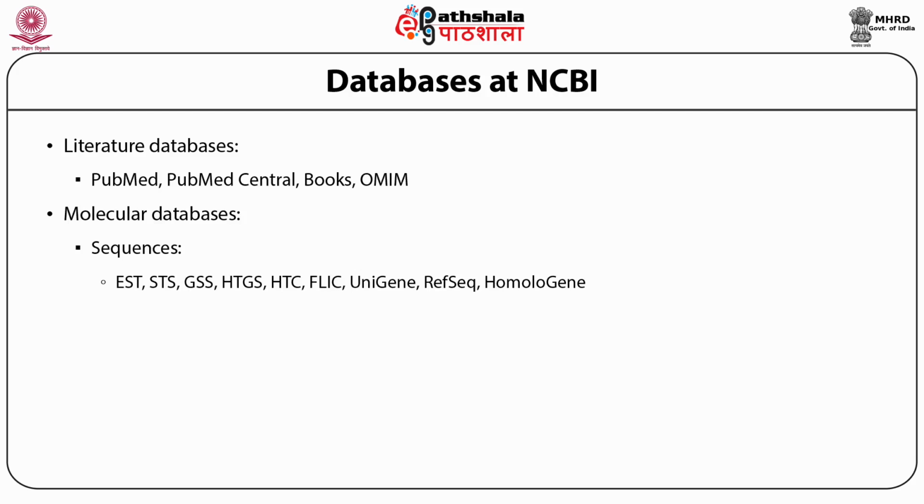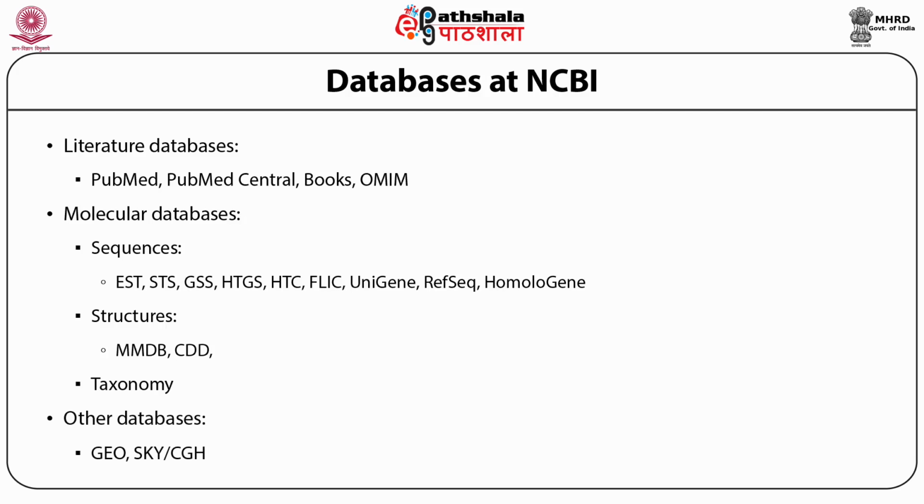All these are actually sequence databases, and they are stored in different formats. For protein structure you can go for the MMDB, the molecular modeling database. Then the CDD is the conserved domain database. You can go for taxonomy information, and other databases such as GEO and SKY.